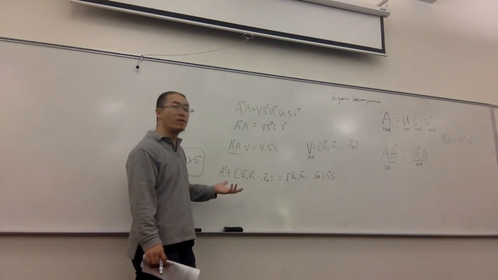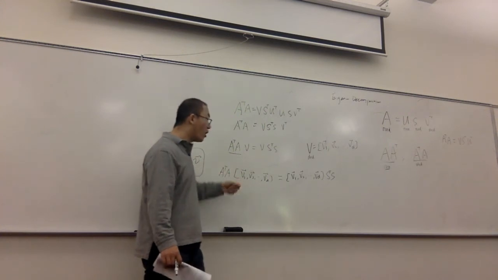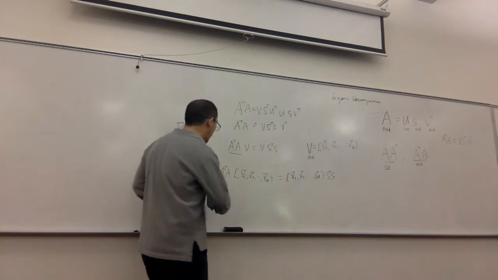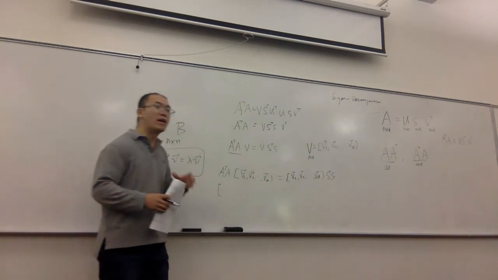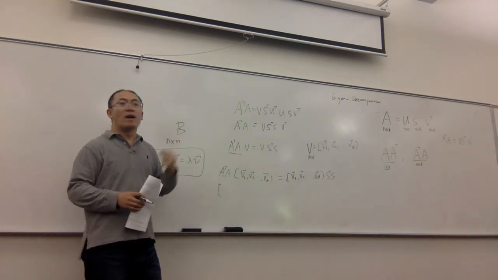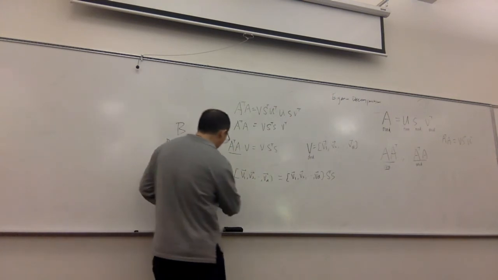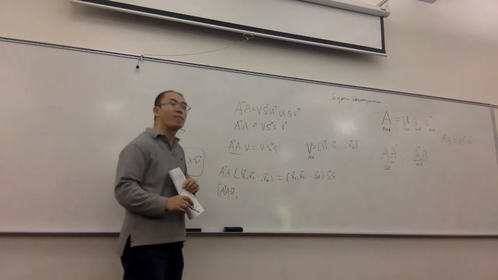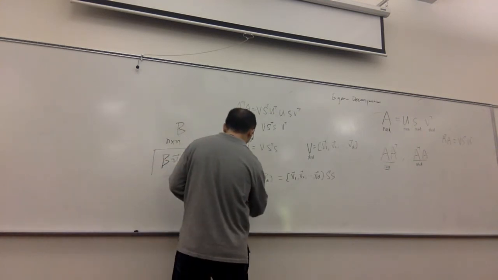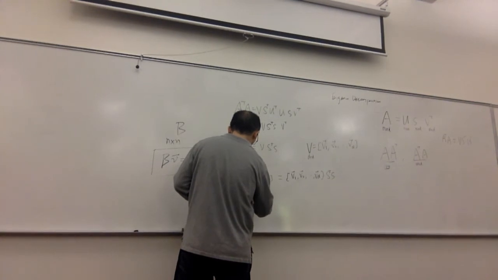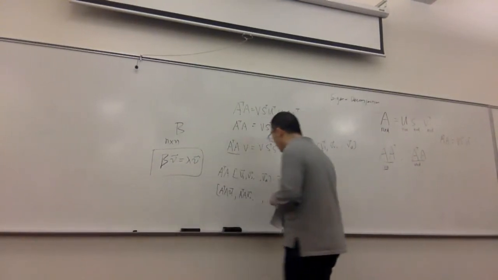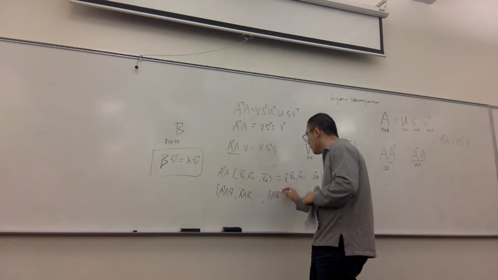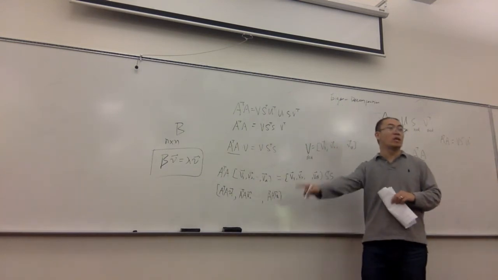That's the result. A transpose A with each column is a new vector, so the result can still be written in column-wise form. Each column will be A transpose A V1, the first column. The second column is A transpose A V2. And we continue until the last column, A transpose A Vd. That's the block matrix multiplication.